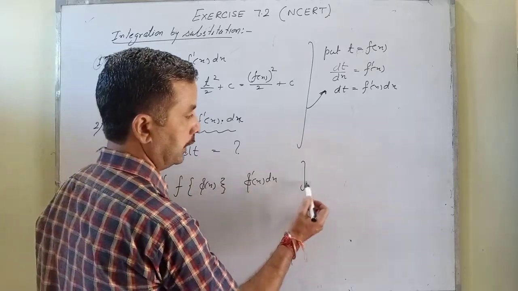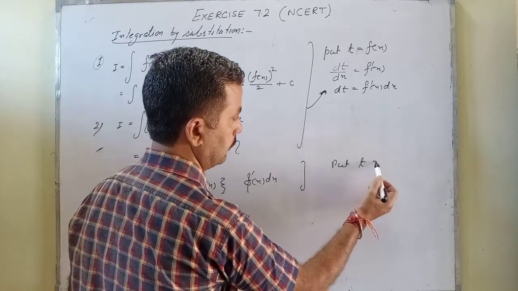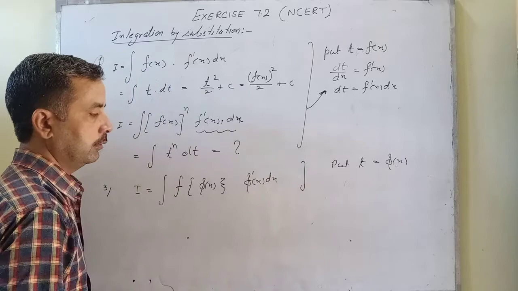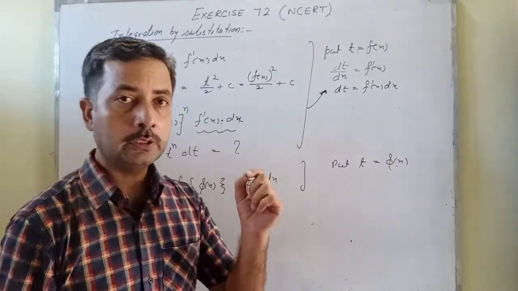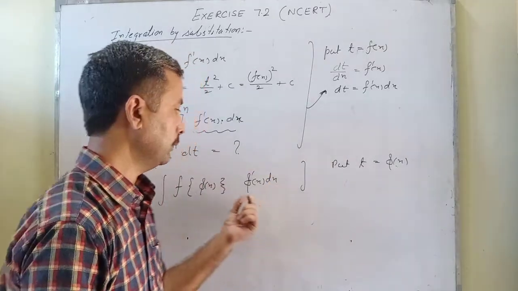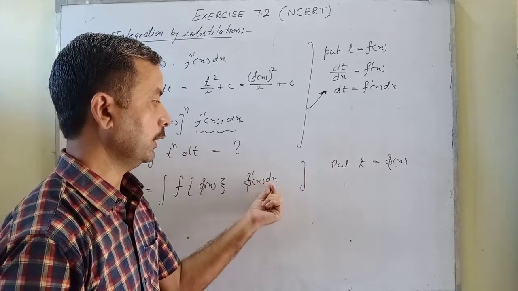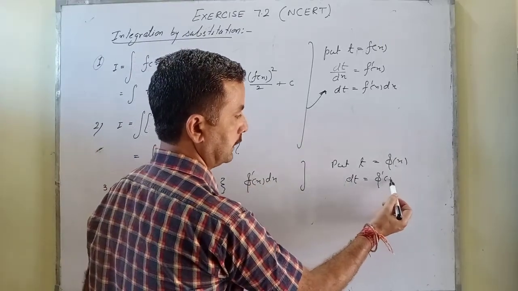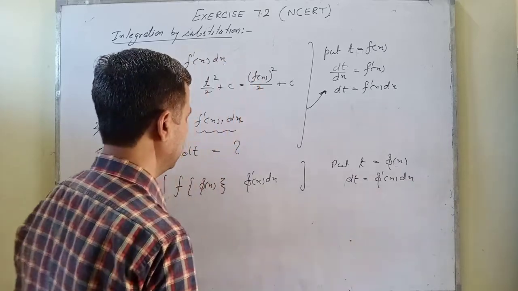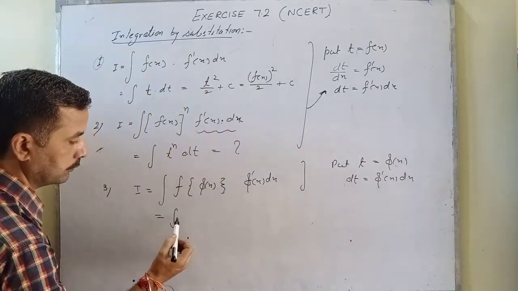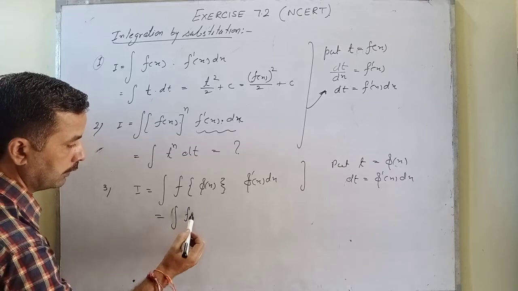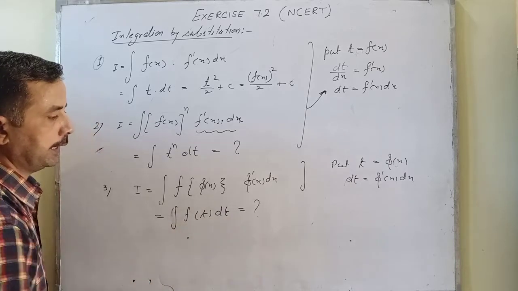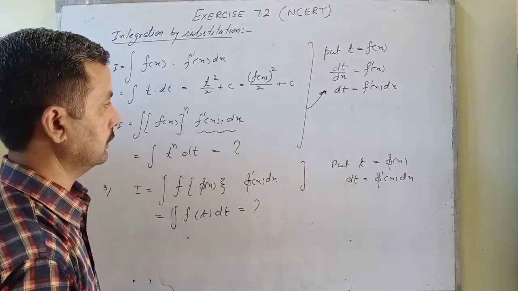So now we put g(x) equal to t because its derivative is there. We put t only for that part of the function whose derivative is given in product with dx. Therefore dt is equal to g dash x into dx, and again this becomes the integration of f of t into dt, and now you can integrate it as you have done in your 7.1 exercise.